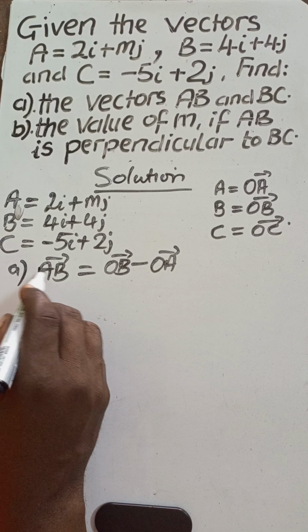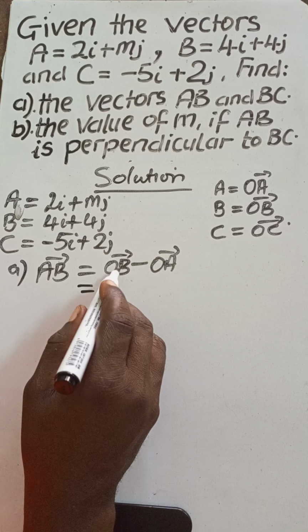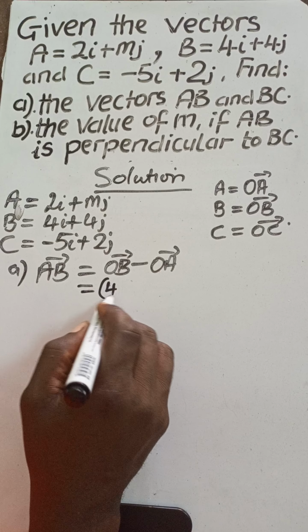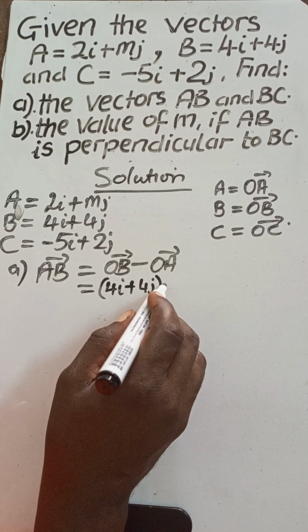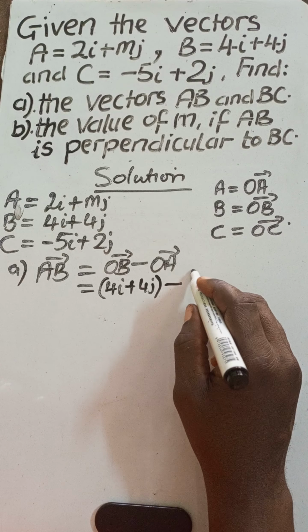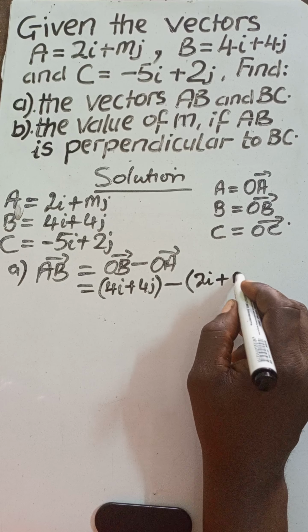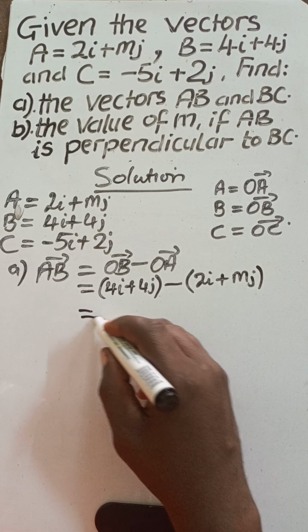Now the vector AB, therefore, is OB minus OA. Now let's put in the vectors. OB is 4i plus 4j minus OA, which is 2i plus mj. Now pay attention.